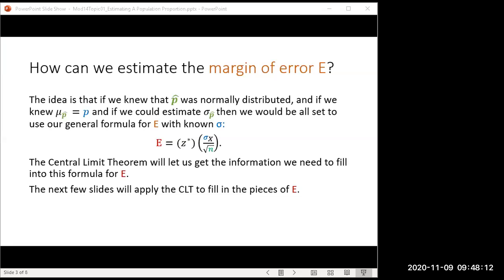But the idea is, if we knew that the P hat was normally distributed or approximately normally distributed, and if we knew that the mean of P hat was the same as the true population proportion, then we could use the same formula that we had previously. We could put it all back into the same context that was based on the central limit theorem.